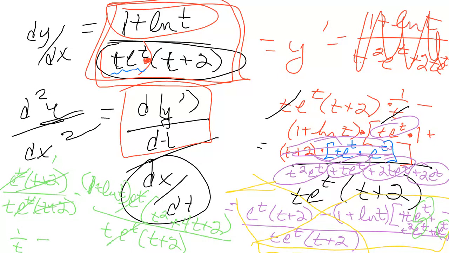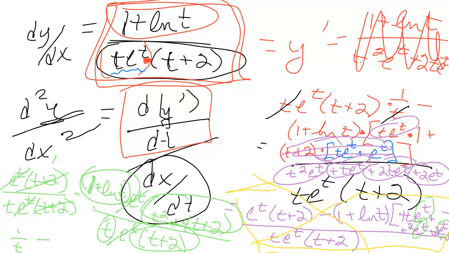Does anything else cancel? This doesn't matter because that'd be t plus 2. That doesn't have any real number factors. It's entirely on or above the x-axis. So I believe it would just be minus 1 plus a natural log of t times that all over t times t plus 2.